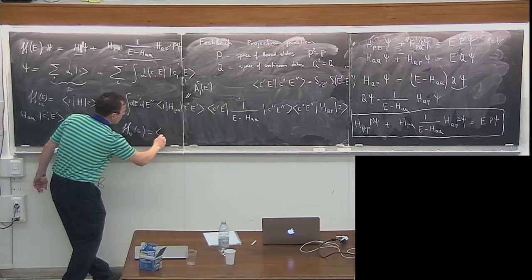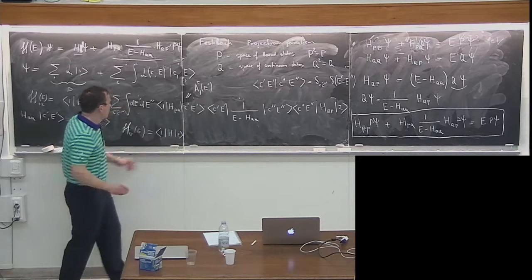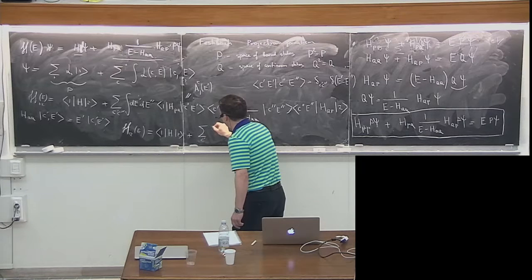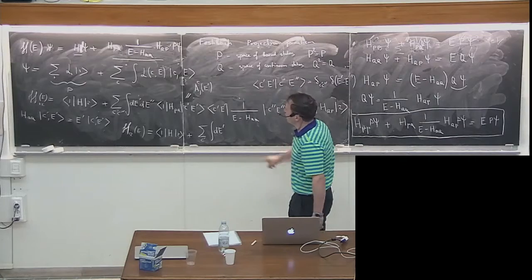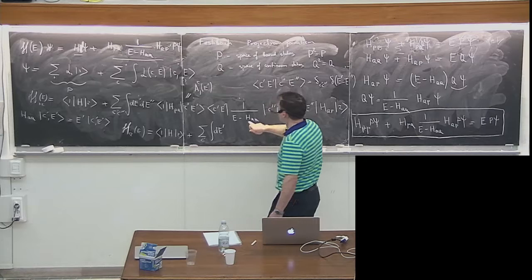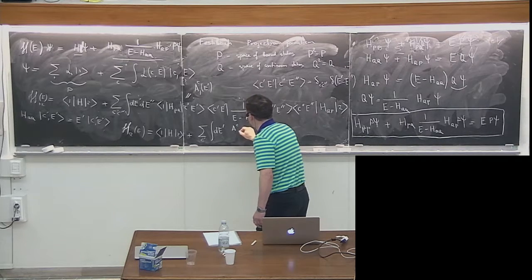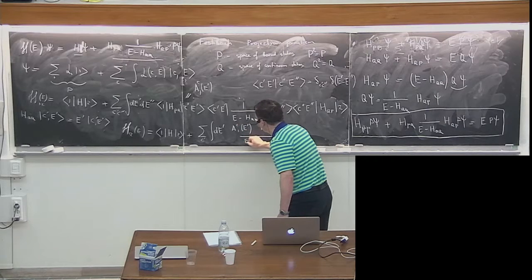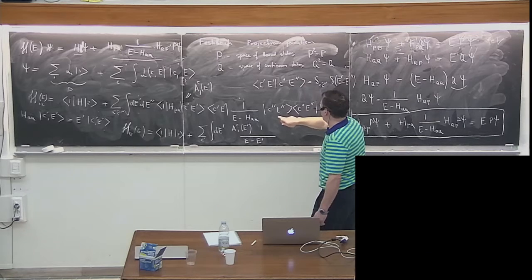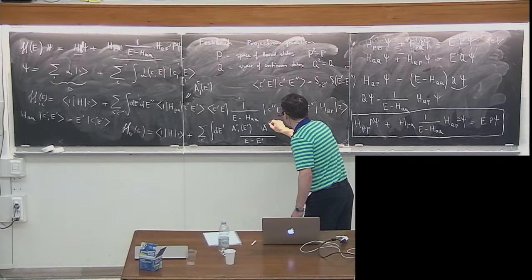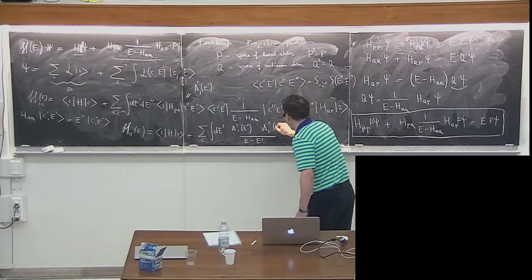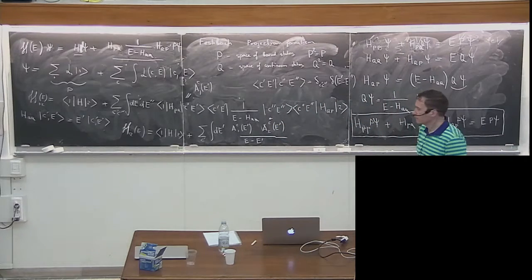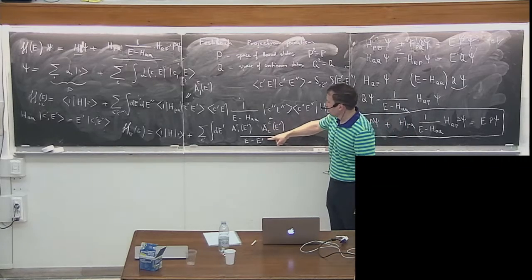Then this is going to be my original Hamiltonian H12, plus a summation over channels C prime and an integration over dE prime of the amplitude A of C1 of E prime, times 1 over E minus E prime, which is now a number, multiplied by the amplitude A of C2 of E prime, and of course this is the complex conjugate, so this is just a star.